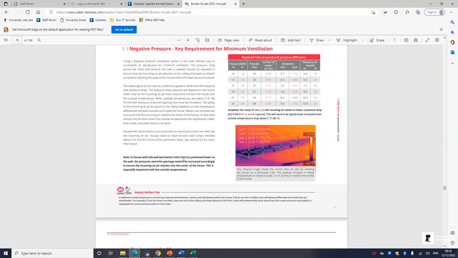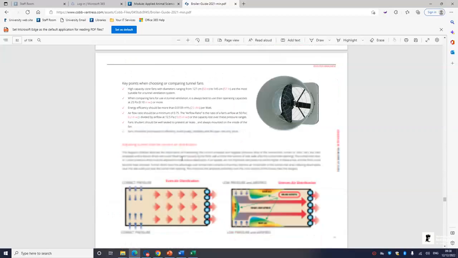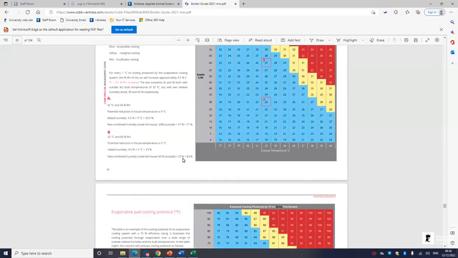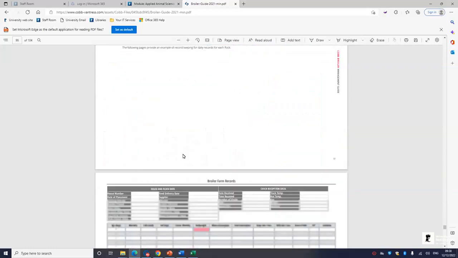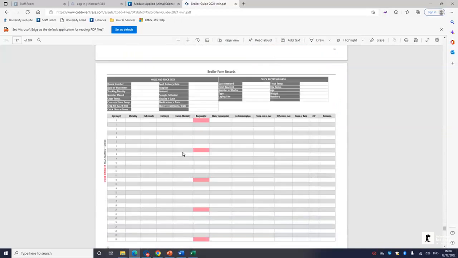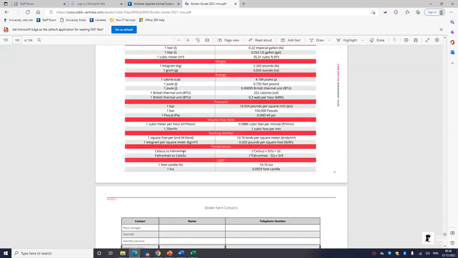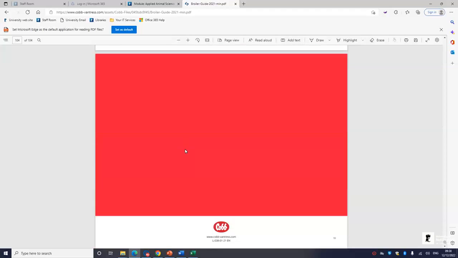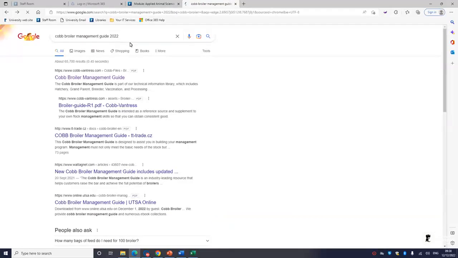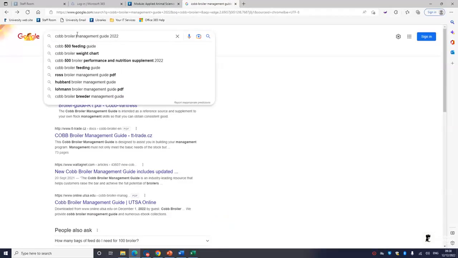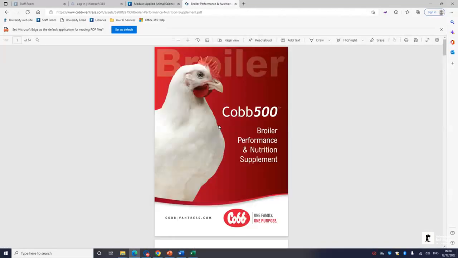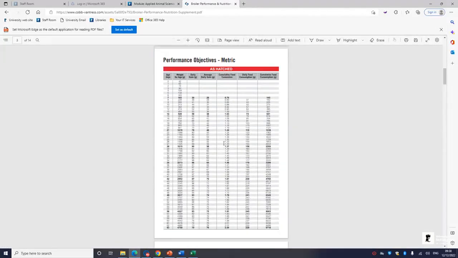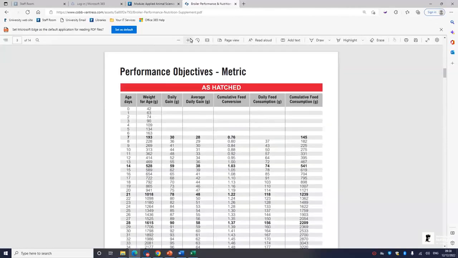I'm trying to see if we can get a quick... Okay, let me see feed guide, broiler performance and nutrition supplements. Yeah. Okay, yeah, see something like this.